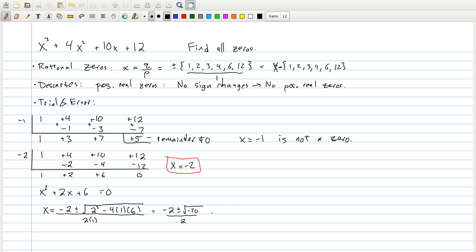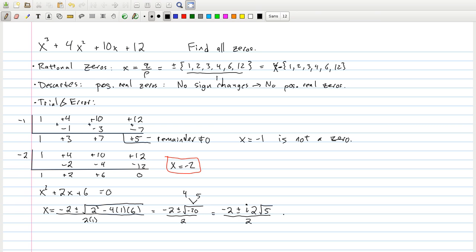Now that square root of negative 20, there's a few things we can do to simplify it. First off, I see that it has a negative in the radical. That tells us that this is going to be imaginary. Second off, 20, we can simplify that to 4 times 5. And 4 is a perfect square. The square root of 4 is 2. And the 5 will be left over inside the radical.